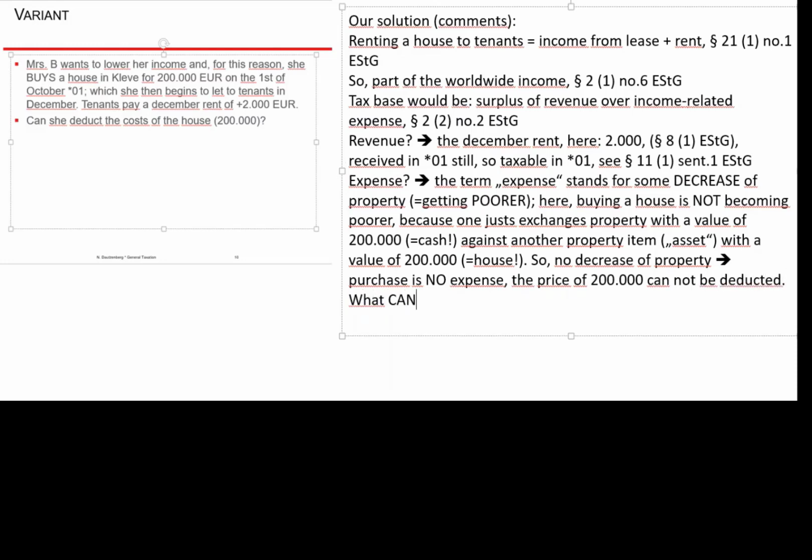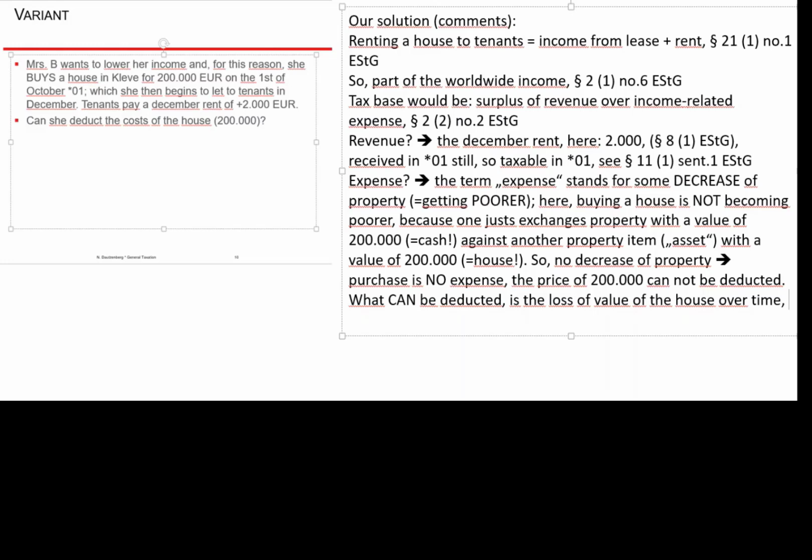But what can be deducted is the loss of value of the house over time. I don't remember if you already know from bookkeeping lectures or others that naturally there is a situation that at the beginning, when you buy, the house has a full value of 200,000.